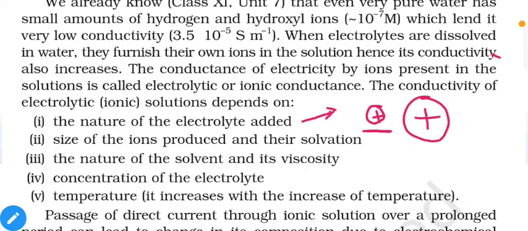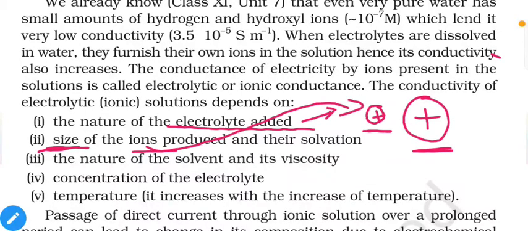A bigger size means it will feel more resistance from the solvent, and it will move slowly. The same point is mentioned in the second step, size of ions. If it is smaller, fast movement will occur, and a bigger size gives comparatively slow movement.